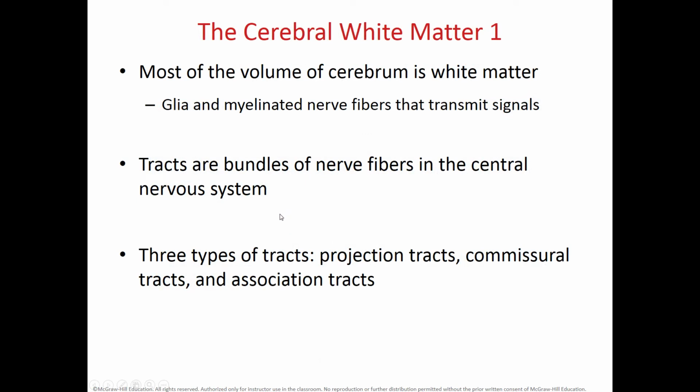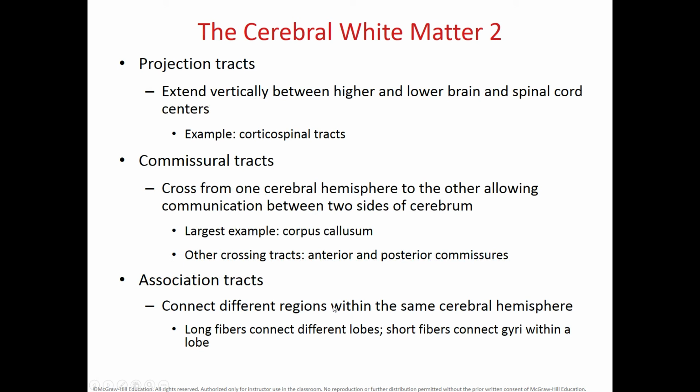The white matter again has bundles of nerve fibers that are myelinated and connect the different regions of the brain. These fibers are called projection tracts, commissural tracts, or association tracts. The projection tracts extend vertically between higher and lower brain areas and the spinal cord.